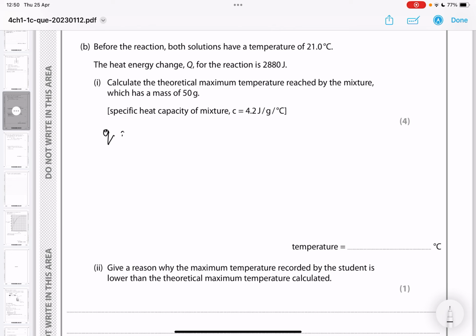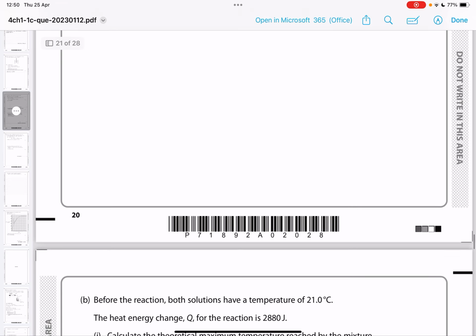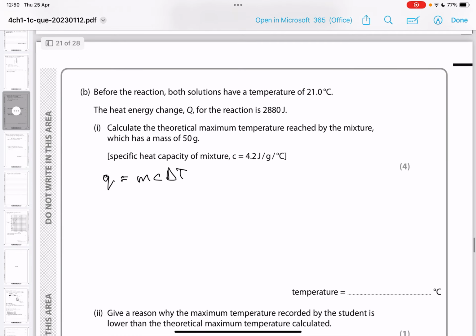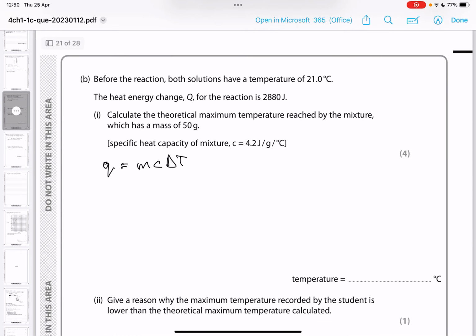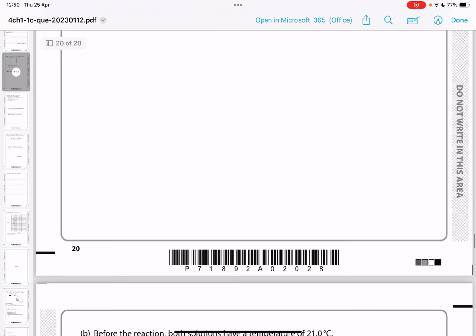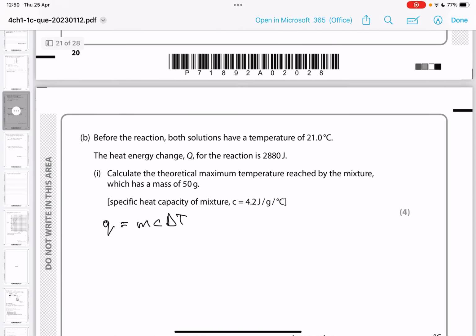Q, which is heat energy release, equals mc delta T. So m is the mass of, in this case, the mixture, which is 50 grams, so the mass of the acid and the alkali. C is the specific heat capacity, and delta T is the temperature change.